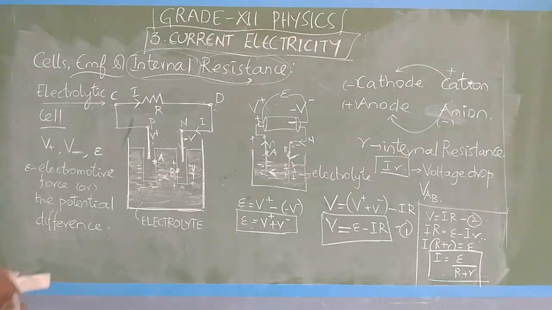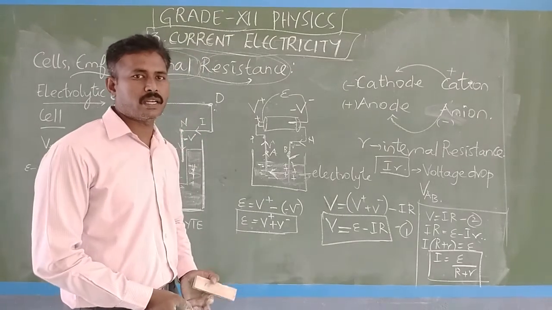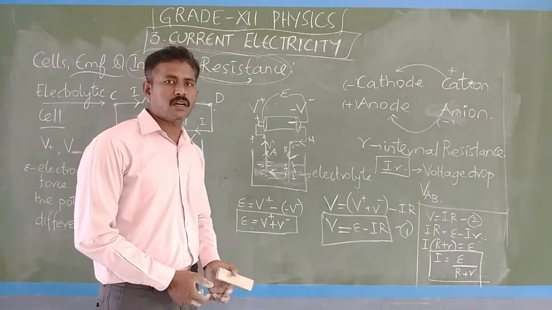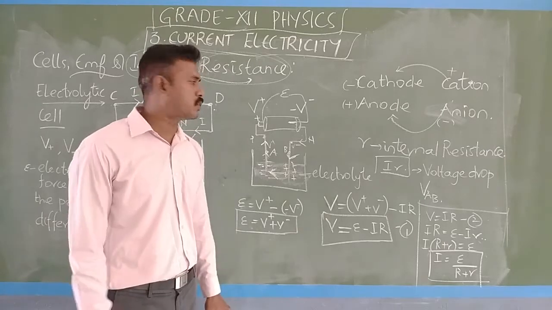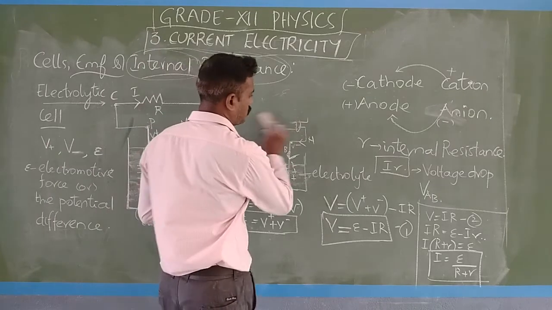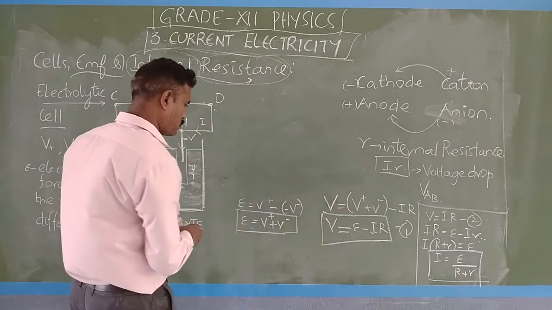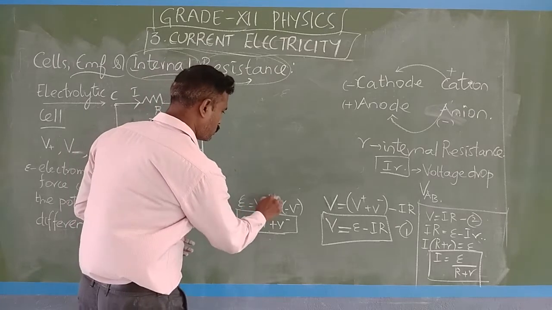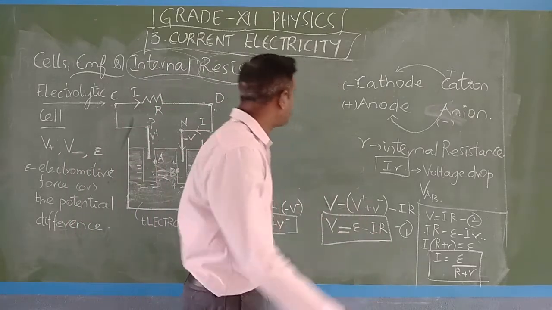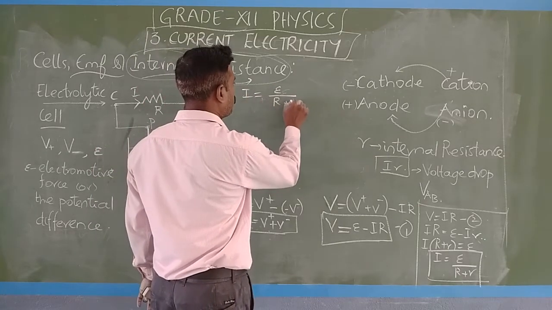So then what is the maximum value of the current that can flow through the electrolytic solution if the capital R is 0? On the expression, this is the final expression, that is I is E by R plus r.